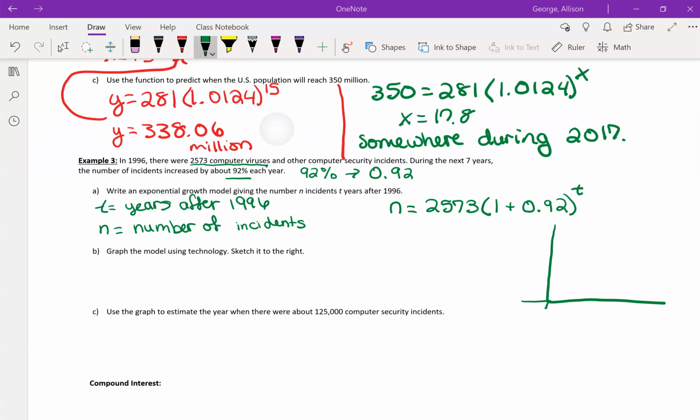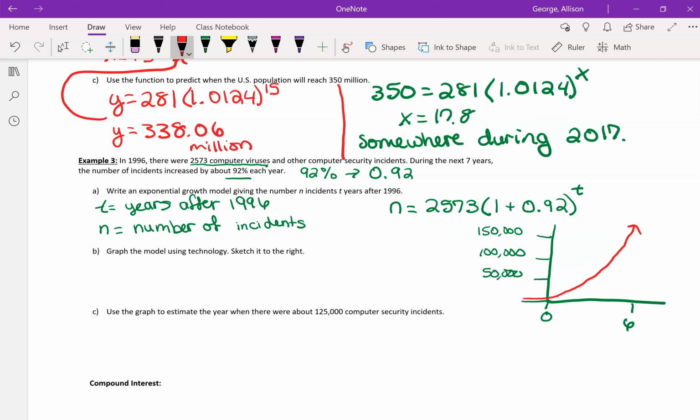When you're sketching it, loosely label the axes so you know what you're talking about, like as a scale, but it does not have to be perfect. All right, so that would be roughly like that.